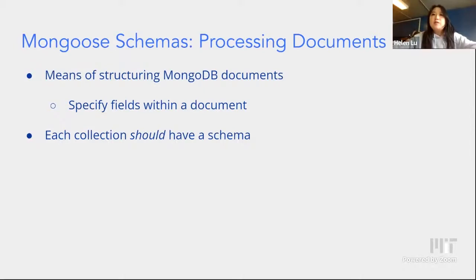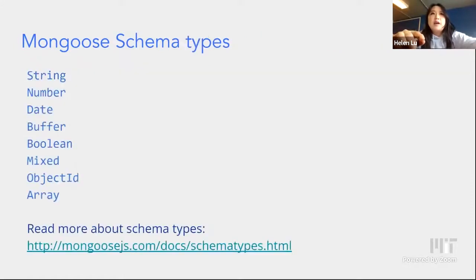In other words, multiple collections can share the same schema, but they should be kept in separate collections. These are schema types that we use to specify the types of the fields.